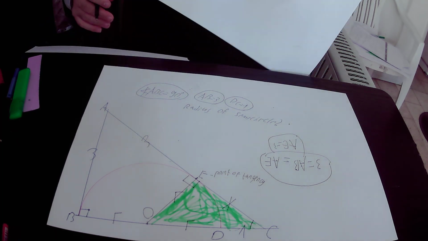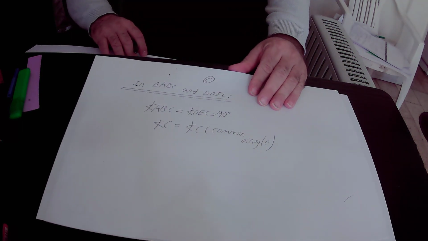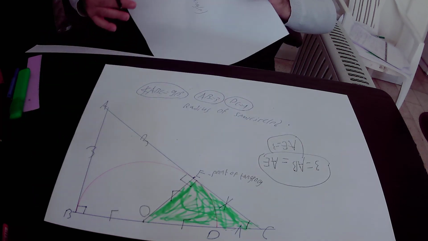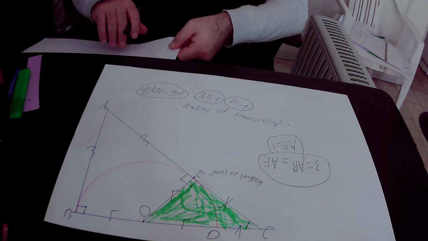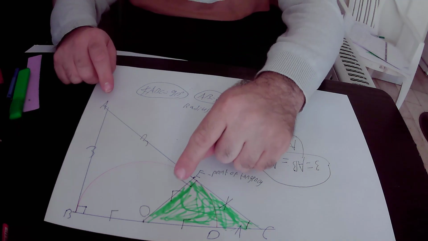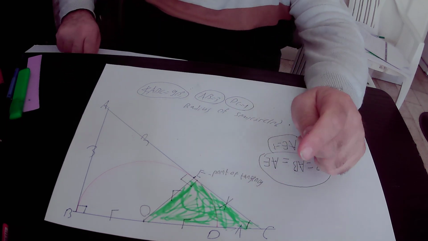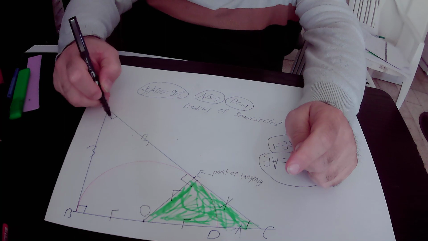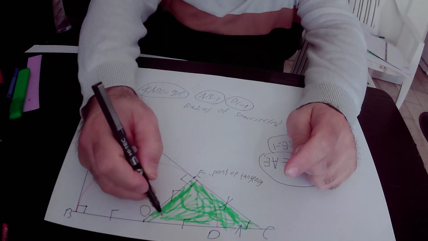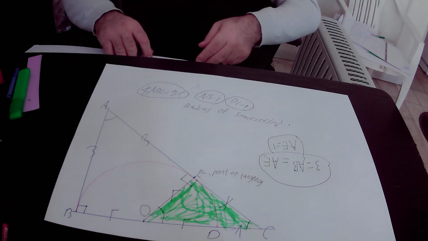I will repeat again. Angle C equals angle C is a common angle that belongs to both triangles. And those two angles are also equal to each other according to third angle theorem. So angle BAC equals angle EOC according to third angle theorem. I will write it down.